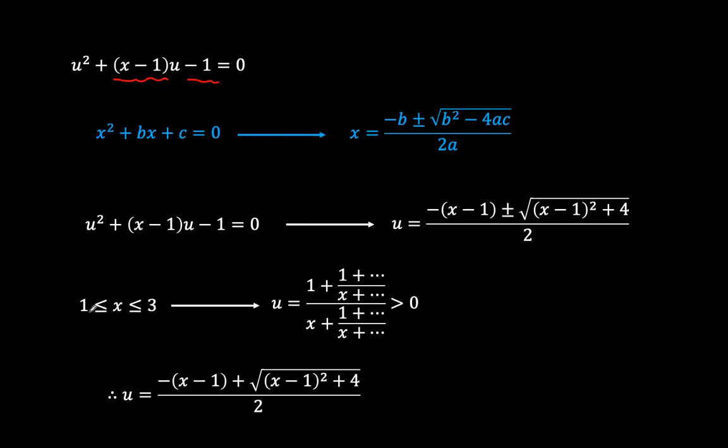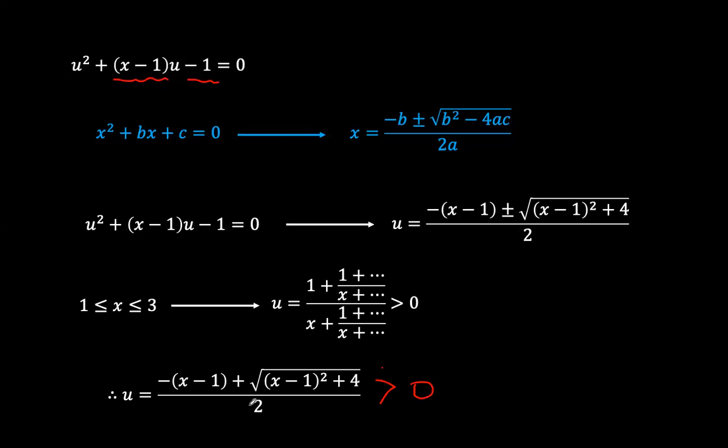Because at x equals 1, x minus 1 is 0, 0 squared plus 4 is 4, the square root is 2, and this x minus 1 here is 0. So we have essentially 2 over 2, so we have 1. It decreases, but at least this answer is greater than 0 in this interval.